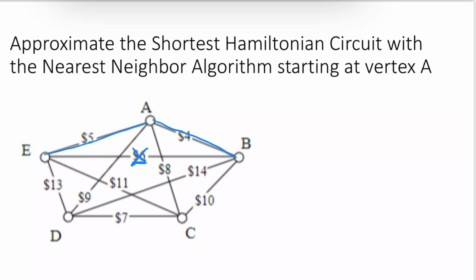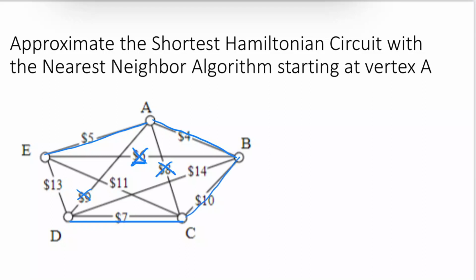The next cheapest edge is this, so I'll go ahead and do that. Then $8 is the next cheapest, but that would make vertex A have a degree of 3, so I'm not going to use that one. And I'm also not going to use a 9, because that would also make vertex A have a degree of 3. And then, let's see, it looks like the next cheapest edge is this one.